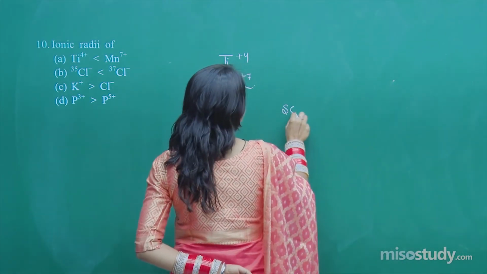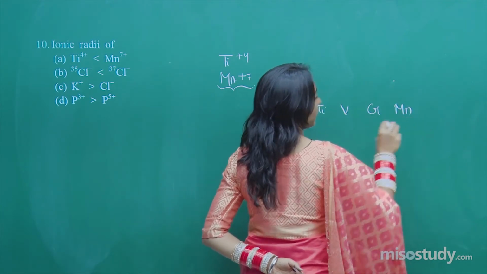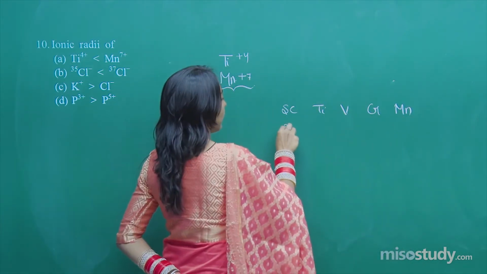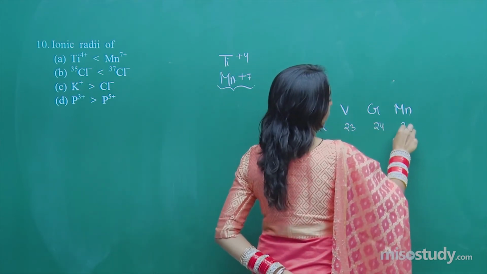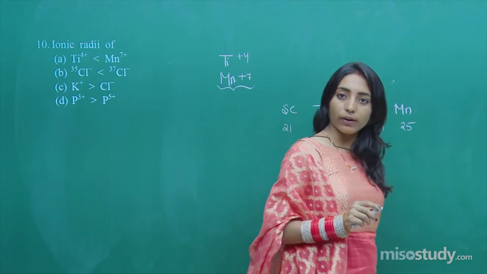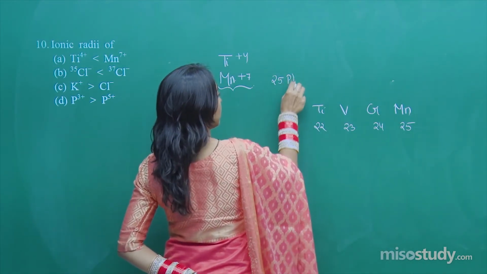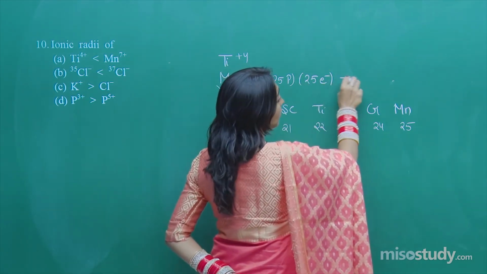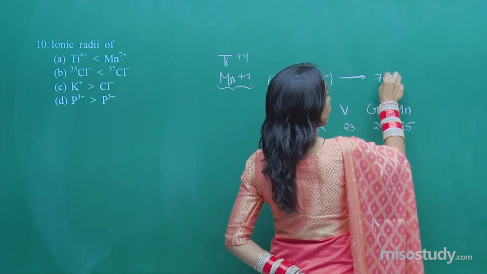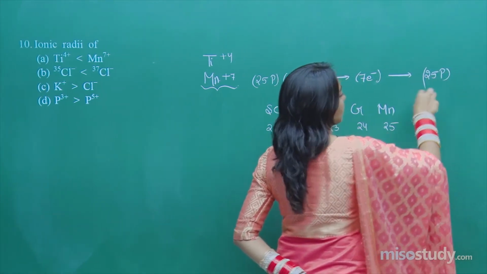We have 21, 22, 23, 24, 25. Earlier manganese was having 25 protons and 25 electrons, out of which manganese lost a total of 7 electrons, but still it is having 25 protons.